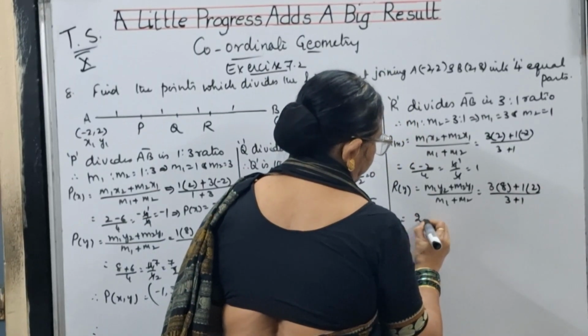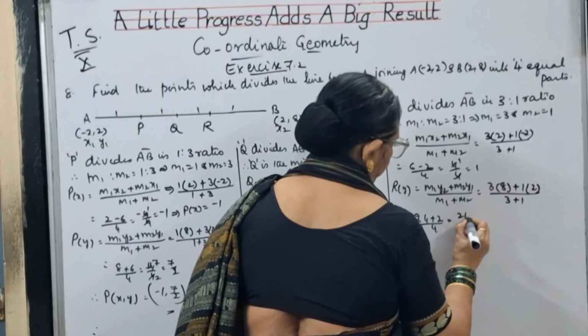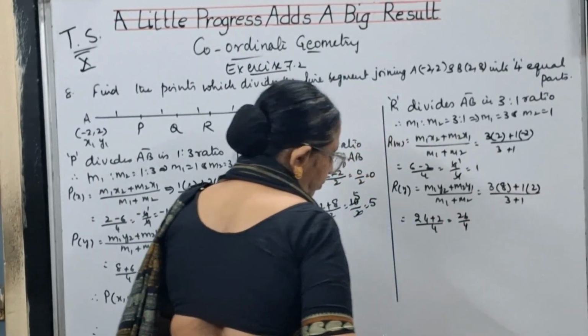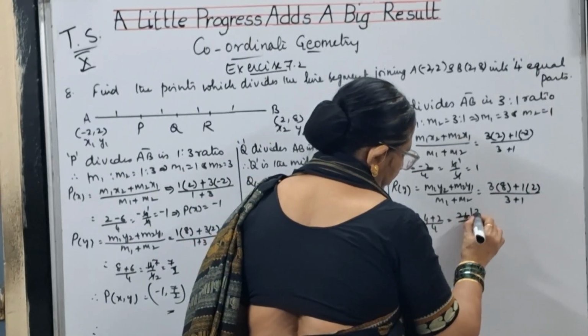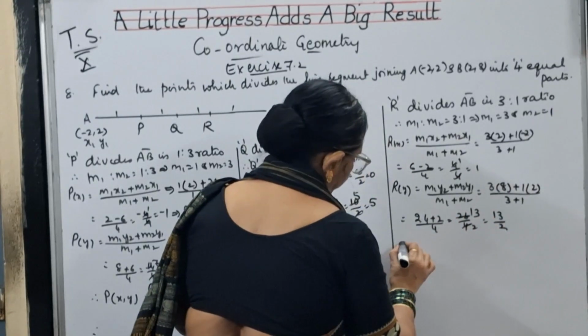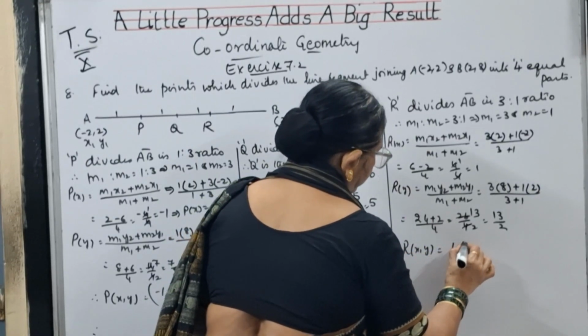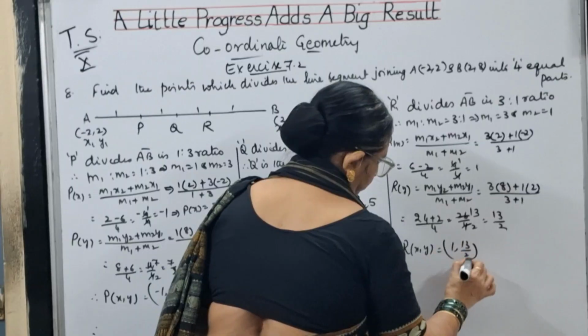That is (24 plus 2) by 4, 26 by 4. 26 means 2 1s are 2, 2 13s are 26, so 13 by 2. Therefore, R of x comma y is equal to (1, 13/2).